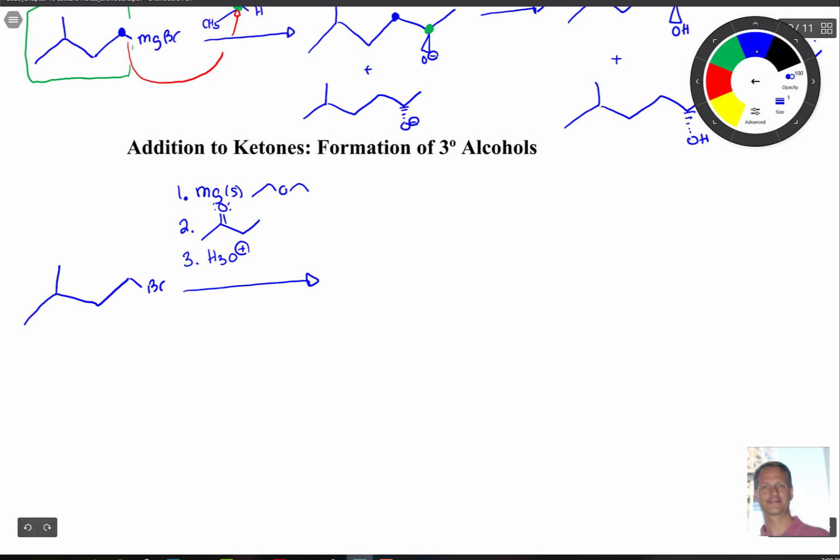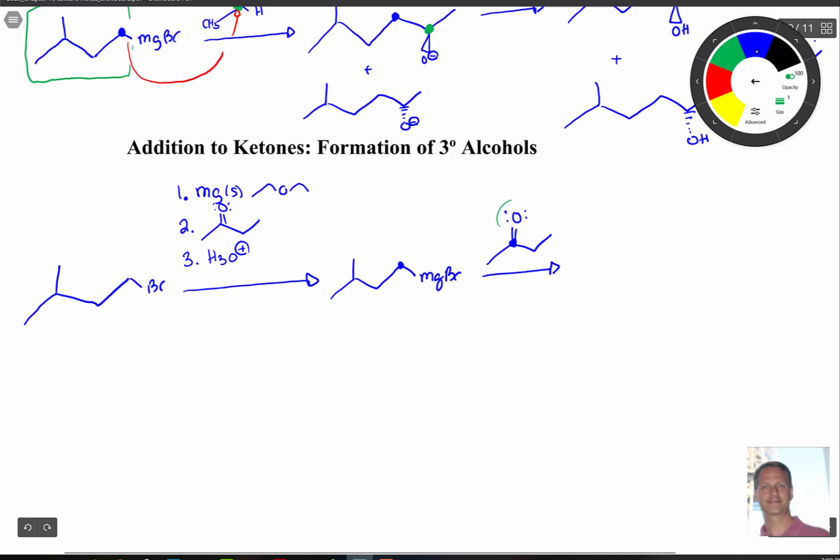All right, so let's go through them. Step number 1, MgBr. So there's your Grignard. Step number 2 takes this. Now, when you look at it, remember that carbon there is making a bond with this carbon here.